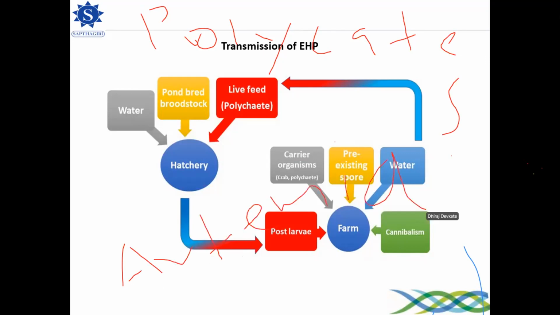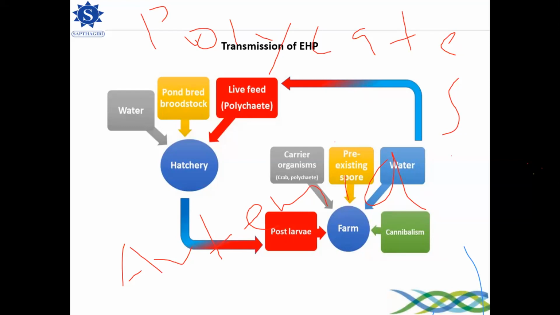Water contamination is very important in hatcheries too, because all the hatcheries are on the coastal lines, so the intake water from the coast has a chance of contamination with EHP spores. Then there is broodstock quality. Sometimes pond-bred broodstock, or earlier in the quarantine facility, EHP was not screened, as it's not mandatory. So there is a chance of contamination from that area also.